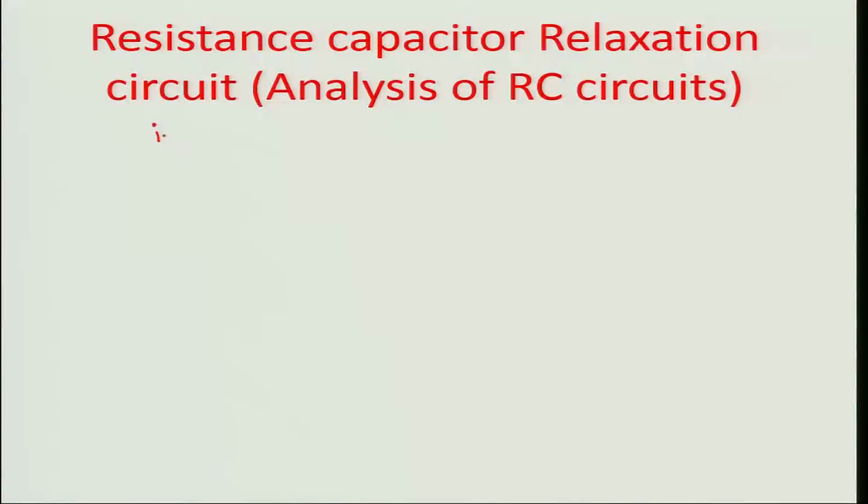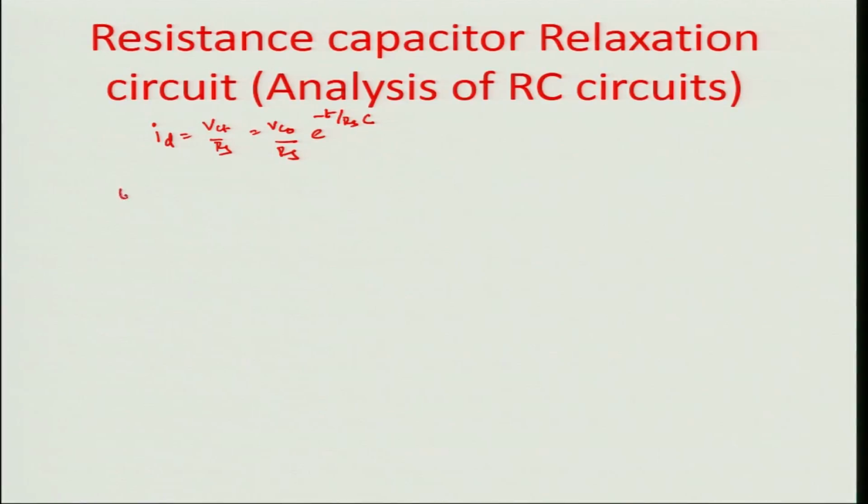So again, going back to the discharge current ID, it was given as VCT by RS, or in other words VC0 by RS e to the power of minus T by RS times C from the last step.